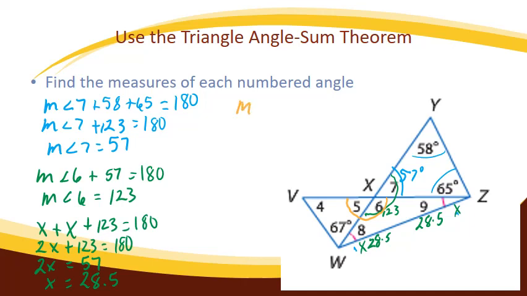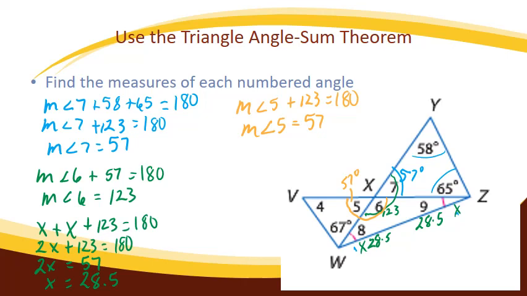So then I can say that the measure of angle 5 plus the measure of angle 6, which is 123, equals 180. We're going to subtract 123 from both sides, so therefore the measure of angle 5 is equal to 57. So this one right here is 57.